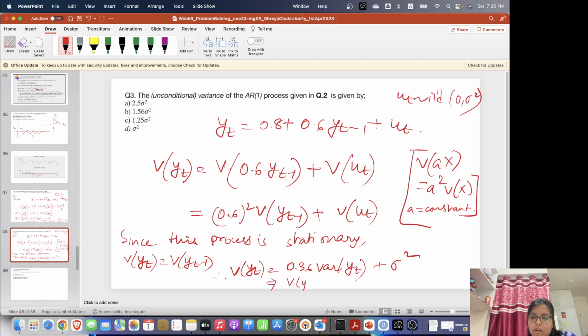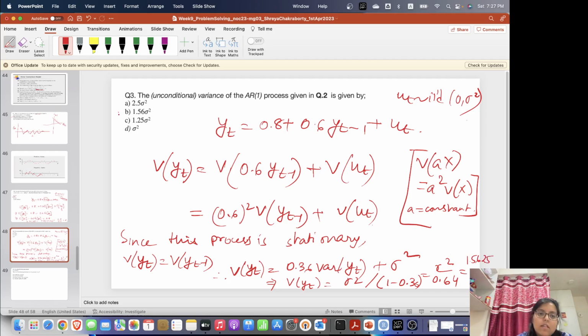So then we have variance of yt equal to sigma square divided by 1 minus 0.36, equal to sigma square by 0.64, which is equal to 1.5625.